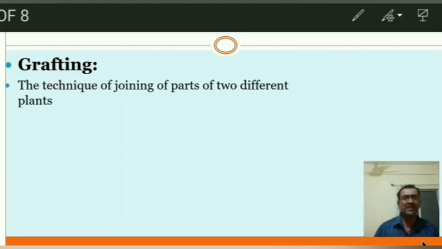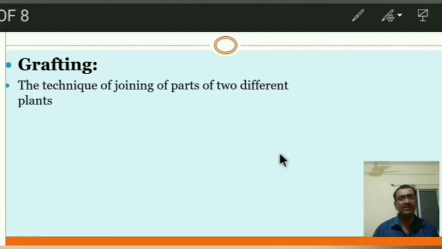The scion is obtained from a plant with superior flowers or fruit, while the rootstock is derived from a plant resistant to different diseases and pests and efficient in absorbing water and minerals from the soil.